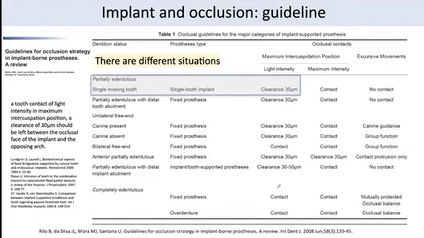If you come back to the table of Widmer, you go to the partially edentulous patient, single tooth implant. The rule for Widmer is an occlusal clearance of 30 microns between the crown on the implant and the antagonist.